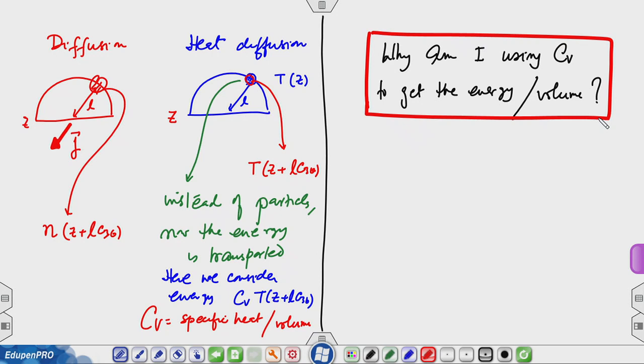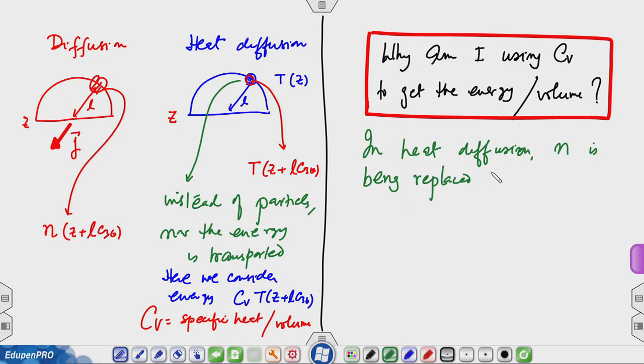So, instead of N, it is CVT which is being transported. So, in heat diffusion, N is being replaced by CVT.